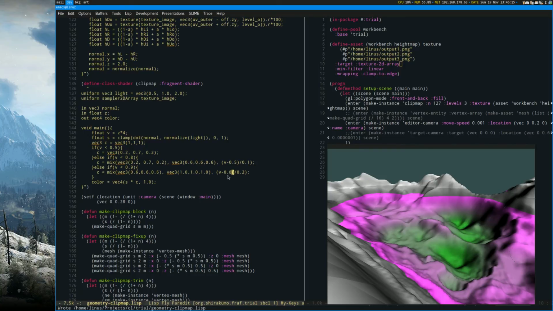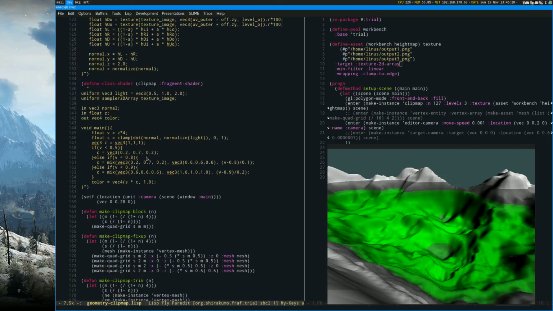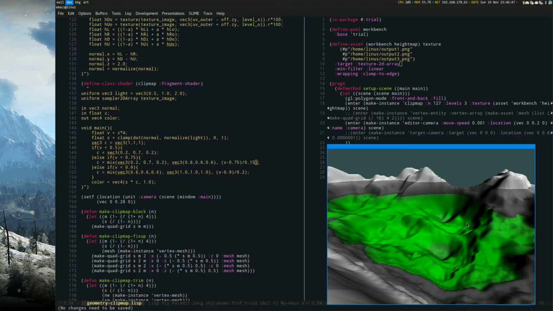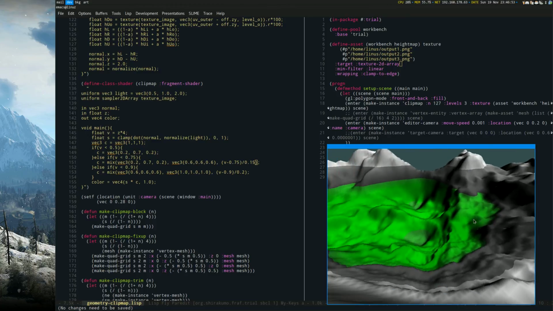Why is this happening again? Because I'm an idiot, probably? Yeah. Every time. Too big. No. Yeah, I could use a gradient to do the thing.